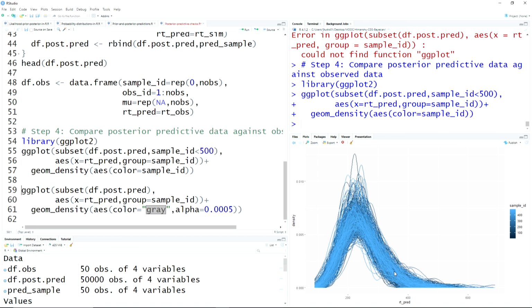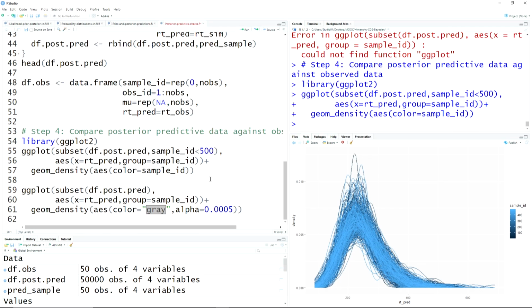That means, given this data and given these likelihood and prior assumptions, this is what you would expect in a future experiment. Whatever observed data you would have in a future experiment would be somewhere along this distribution. The value is somewhere between 100 and let us say 500 milliseconds.